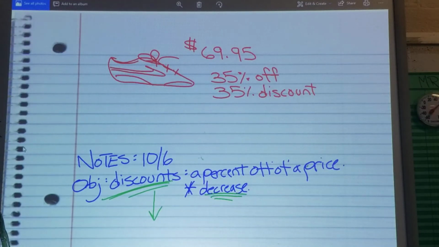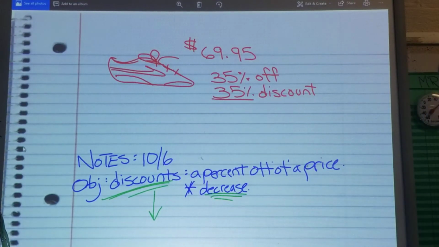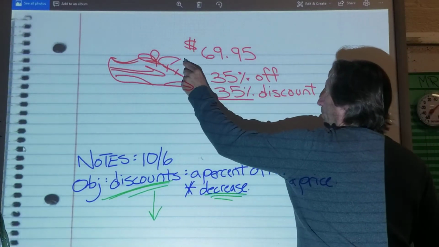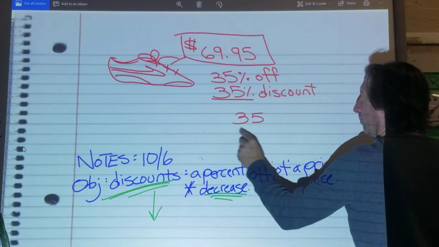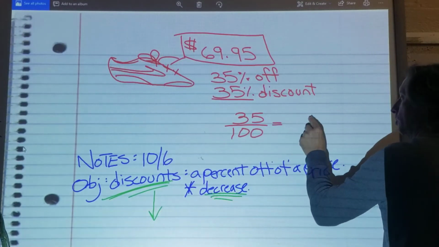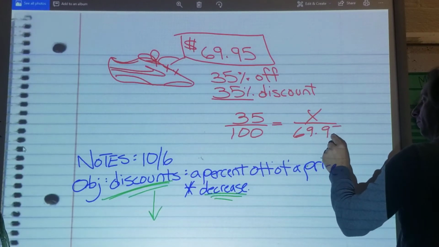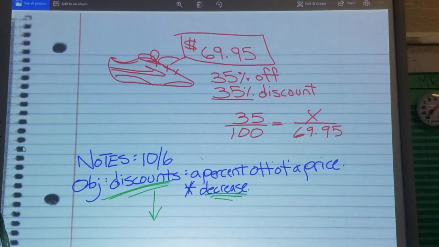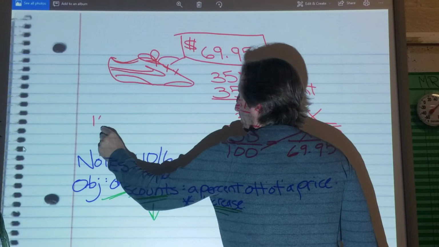So what do we do? Well, first we find the 35%. And we already know how to do that, okay? So we put 35 over 100, we do x over 69.95, and we figure out what that 35% is, okay? Cross multiply, 100 times x is 100x.